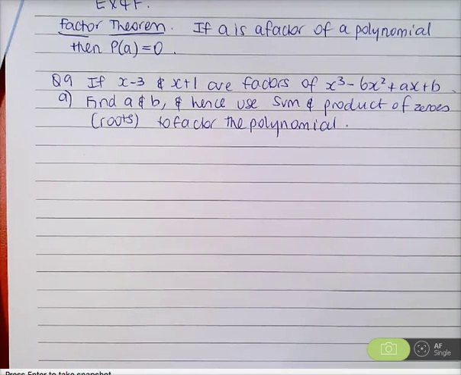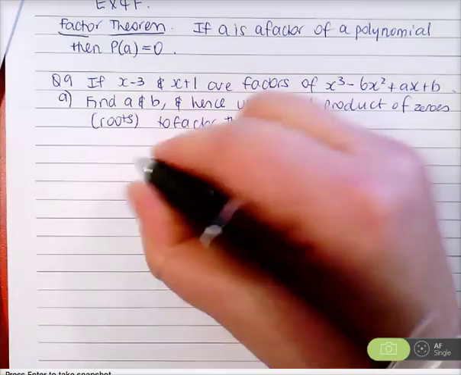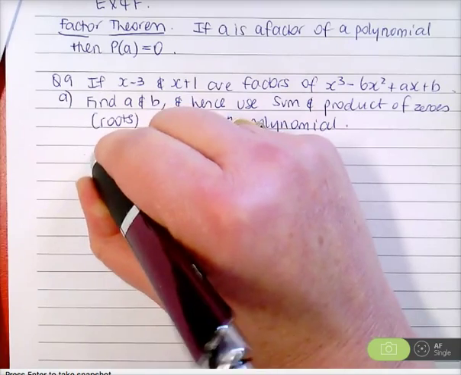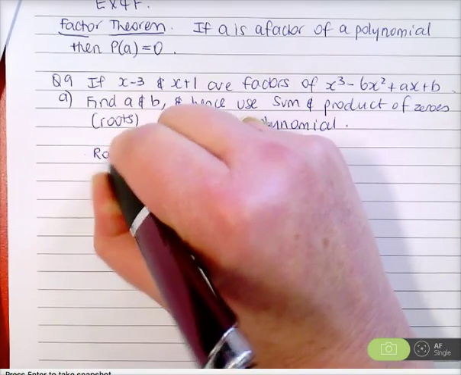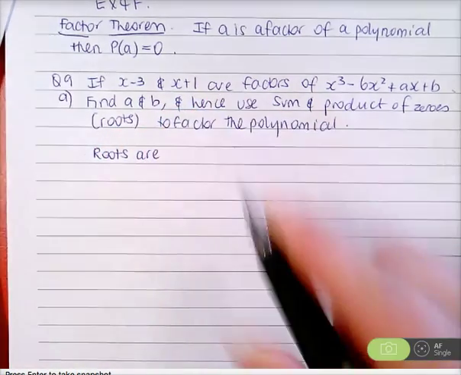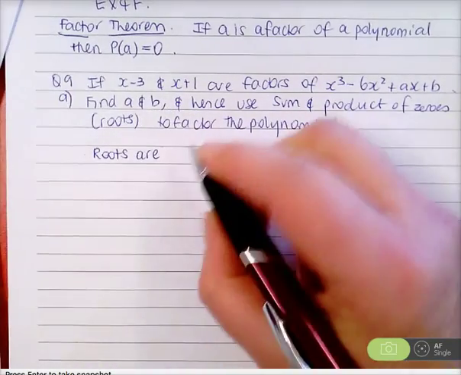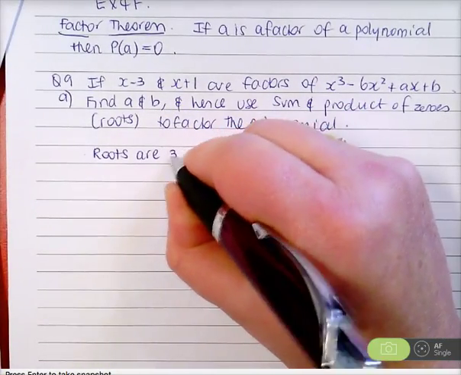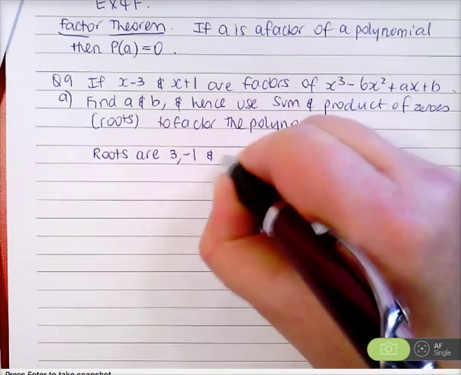So do we know that alpha and beta are automatically 3 and negative 1? Yes, those two are the roots. Now, how many roots are there? We need 3, so we don't know one of them. We don't know what the other one is. So let the roots be 3, negative 1, and alpha.